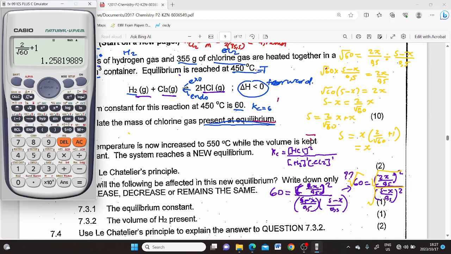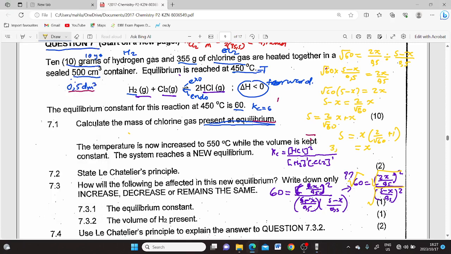So now we'll have 5 divided by answer, and then it means now we're going to have our number of moles of x at equilibrium as 3,97 moles. So this is not yet the answer, but this is the number of moles of the chlorine gas.